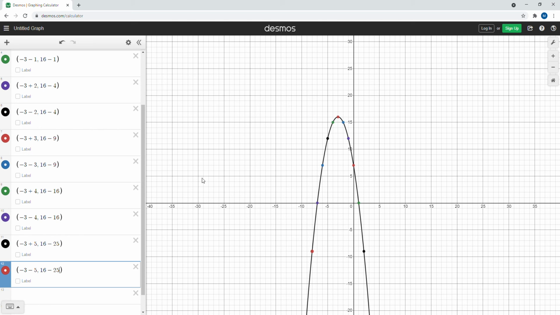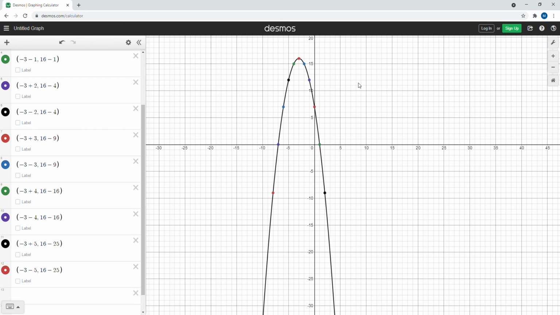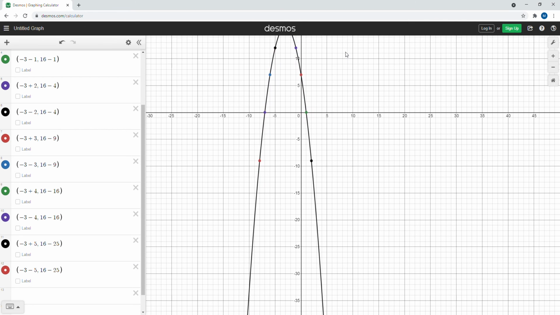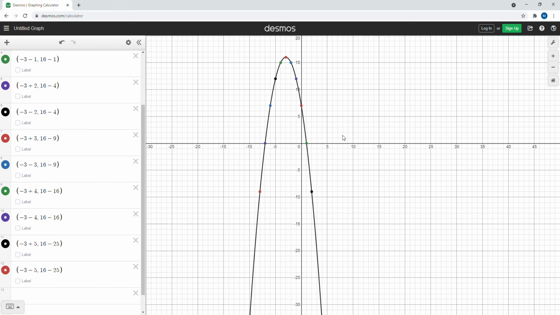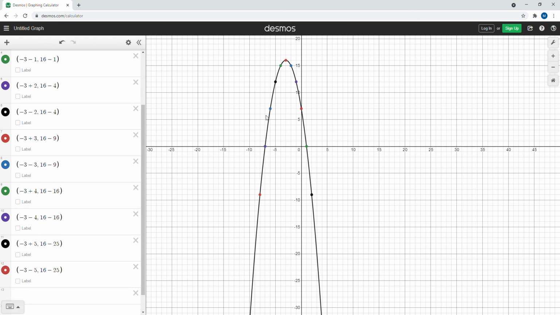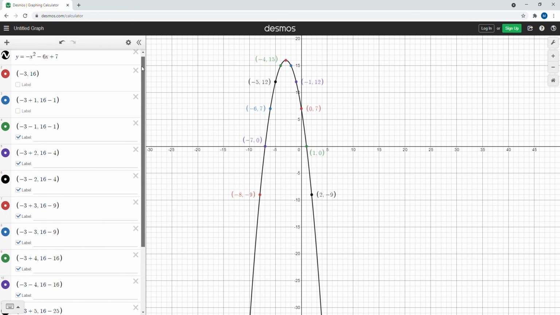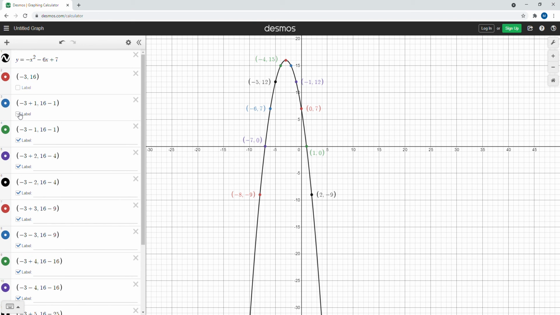And we get all of those points, the 5 points on each side. Yes, we got 5 points to the right and then 5 points to the left, and then we can label them by simply checking the label box on Desmos. There we go, and we have all of our points.